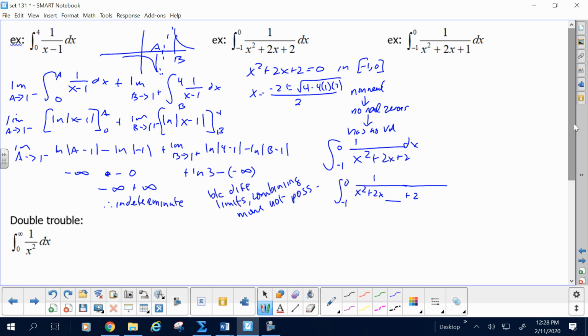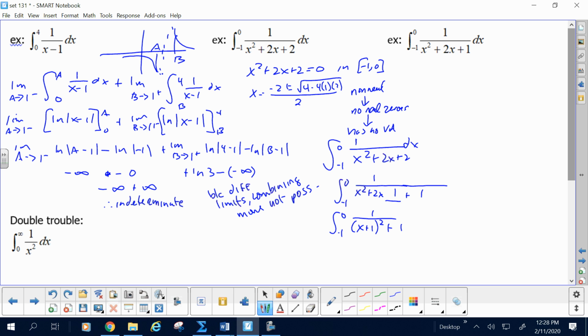How would you proceed? Would you break 2 into 1 and 1, or put the 2 off to the side and just complete the square like normal? Either way, you would get the square of x plus 1, plus 1.